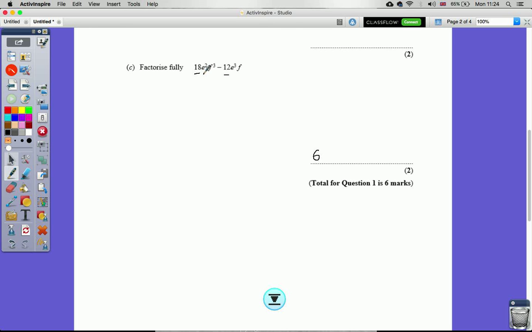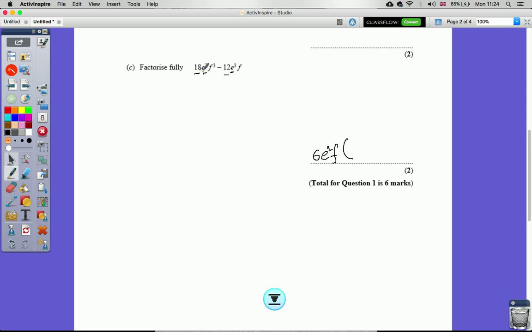Then e squared and e cubed, the highest term that can divide into both of them is e squared, so I'm going to take that out of the brackets. F cubed and f, the highest I can take from both is an f. So this is the highest common factor of both these two terms.